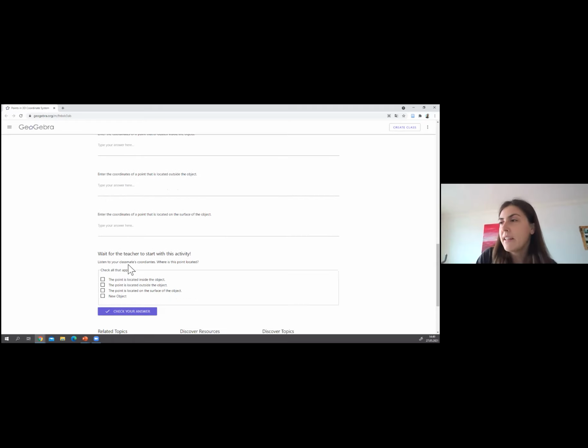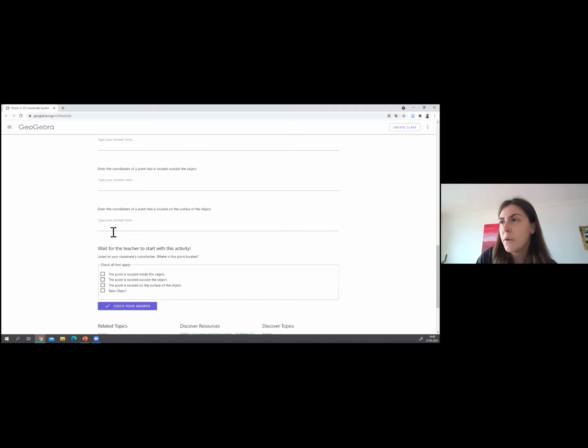And then I can share one example of one student. The other kids in the classroom listen to it, and then they select if the point is located inside or outside or on the surface. When the teacher moves to another object in between, the students select new objects so that the teacher knows now we're beginning with a new example.